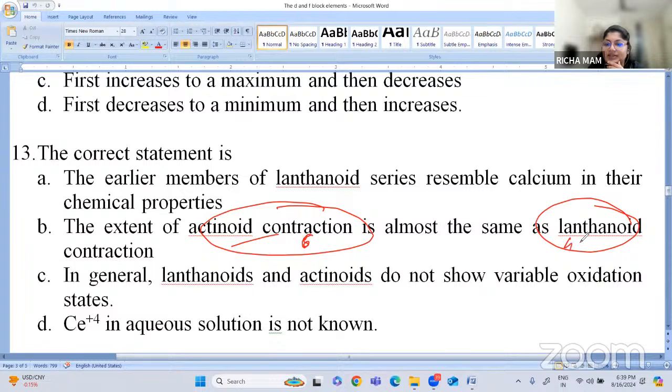Here you can see there is intervening of 4f orbitals, and it is intervening of 5f orbitals. So it is not almost the same. So this is a wrong statement.